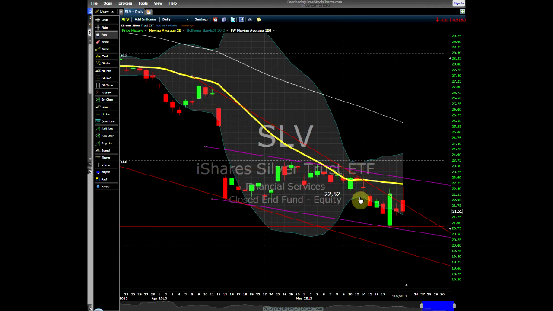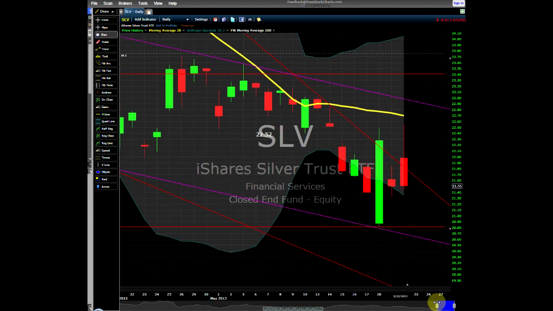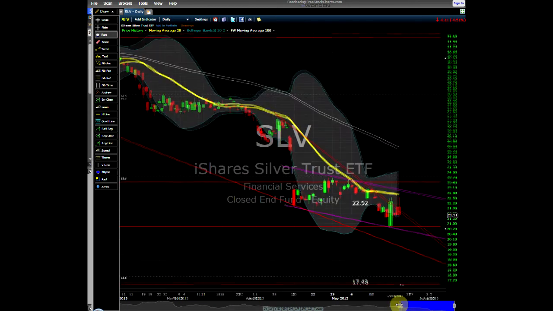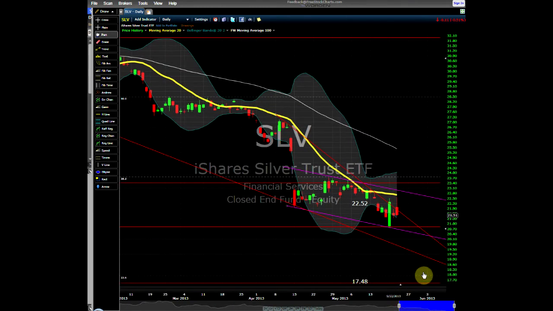But what you can see here is that the Bollinger Band getting very tight did follow up with a major price move. If in the future I see a tightening of these Bollinger Bands, I'd expect a major price drop down here.